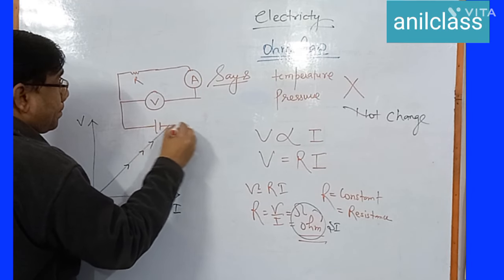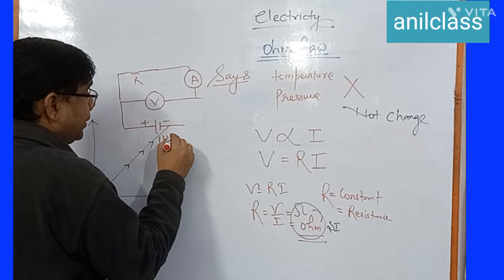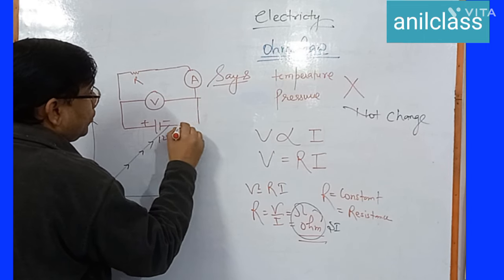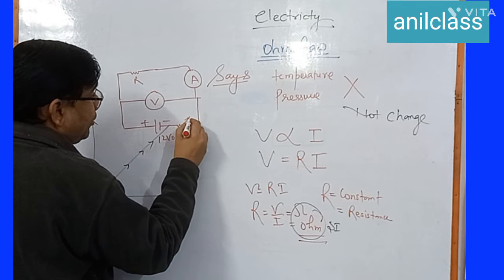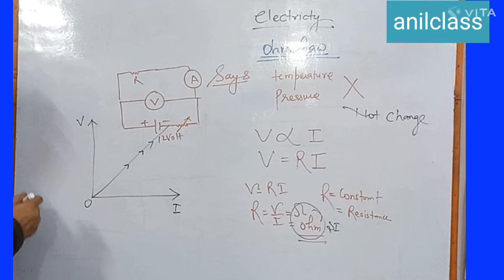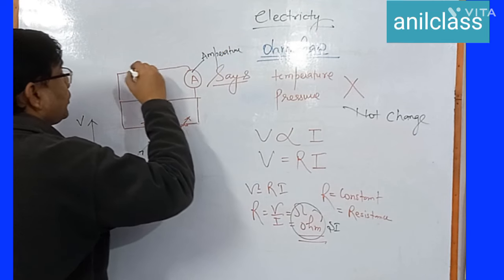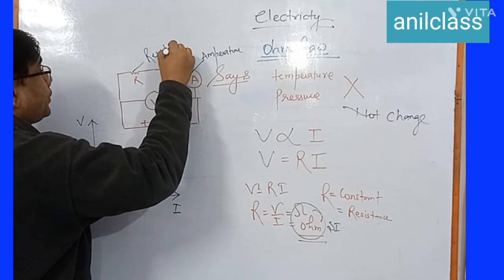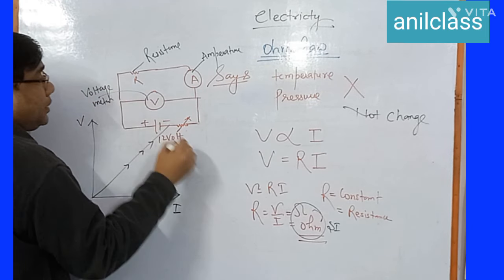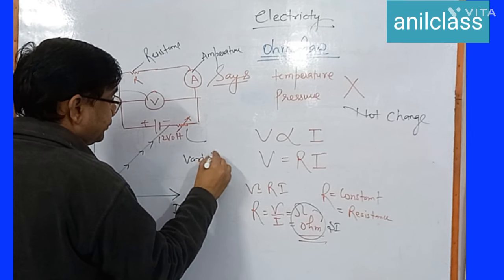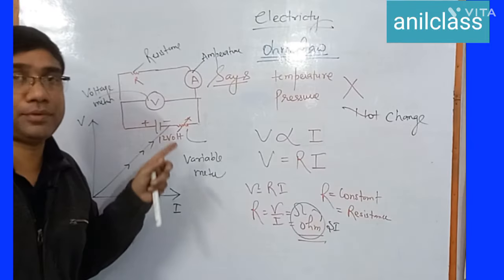Now we apply a 12 volt battery, and then here we connect a variable resistance, where this is the ammeter, this is the resistance, this is the voltmeter, and this is the variable resistance. Now this is a circuit.